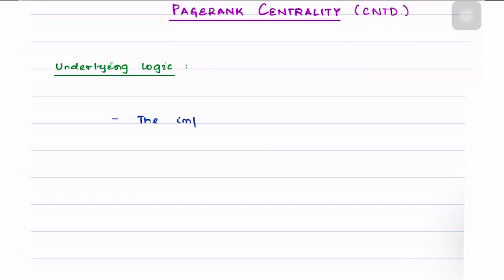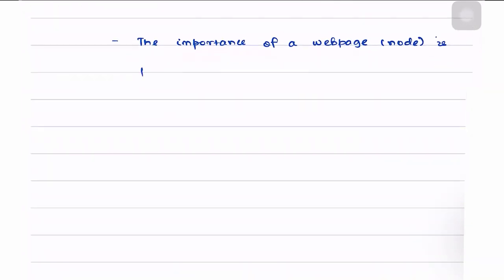We know from the previous lecture that the importance of a node or a web page, which is the node in our case, is directly proportional to the importance of its neighbors.